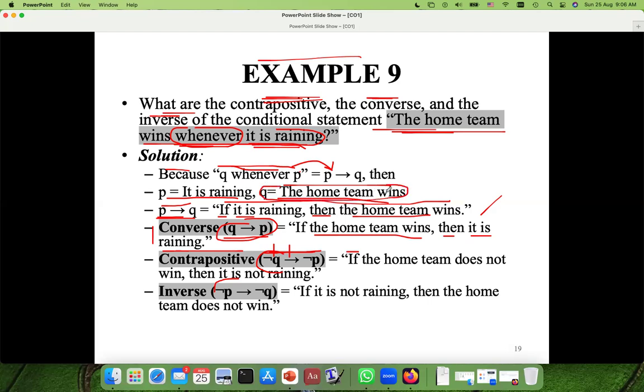The home team wins; the negation would be the home team does not win. And then if it is raining, according to that formula, it is not raining, negation. Clear? And similarly, the inverse, you can read it by yourself. It is easy.